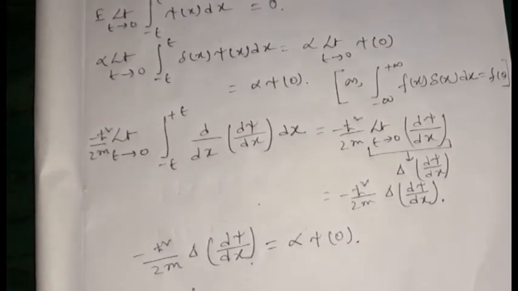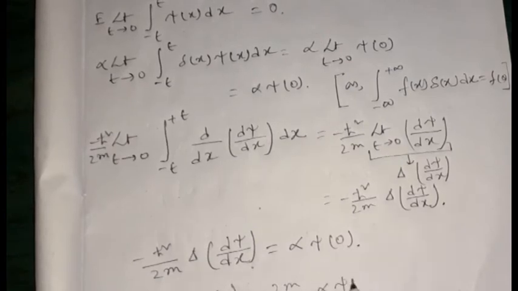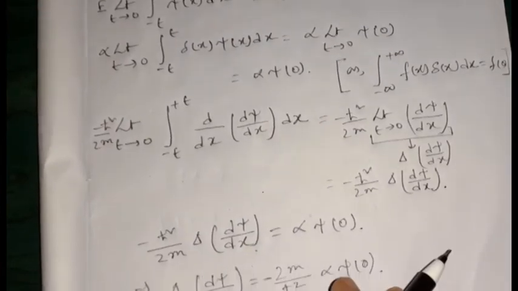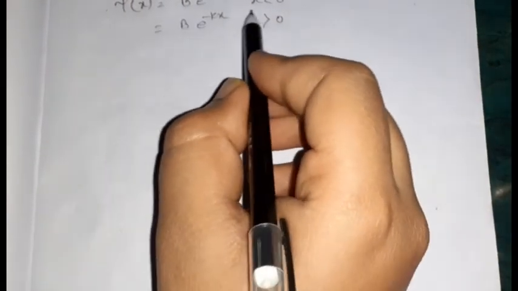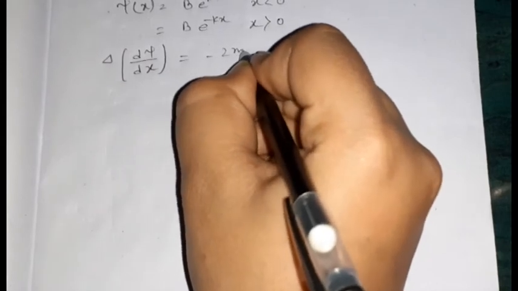So now delta d psi dx gives us twice m over h cut square, with a minus, psi 0. Now we have to solve this. The wave function was like this, and now we are going to put the value in this particular equation.